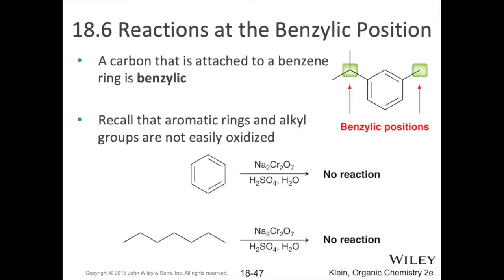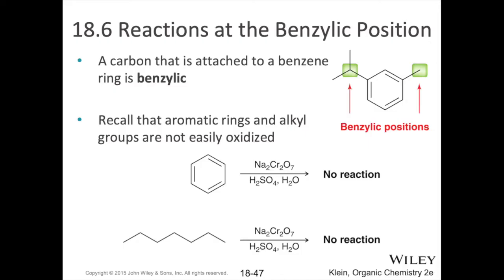Now, while benzene itself is pretty unreactive because it's so stable, there are positions off the benzene that are reactive, where we can do a reaction. Basically, if we have an alkyl group attached to our benzene ring, the carbon where it connects to the benzene ring is called a benzylic position.